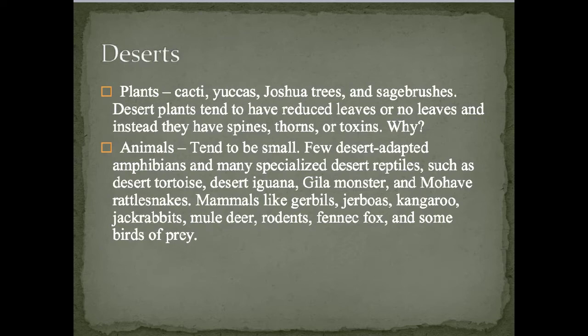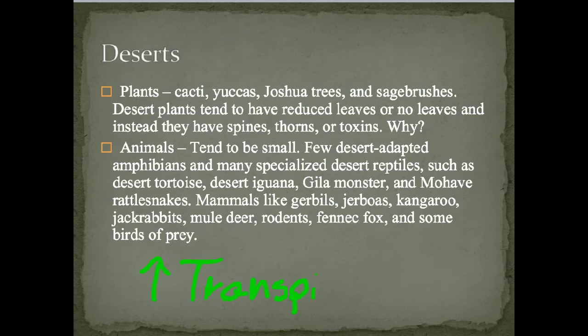Desert plants tend to have reduced leaves or no leaves, instead have spines or thorns. Why do you think this? Well, it's because of the very dry climate. Those plants don't want to expose the water that they would hold out in the open, to cause an increase in what process of the water cycle?